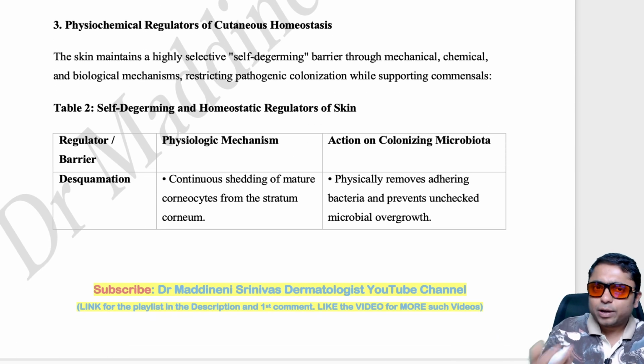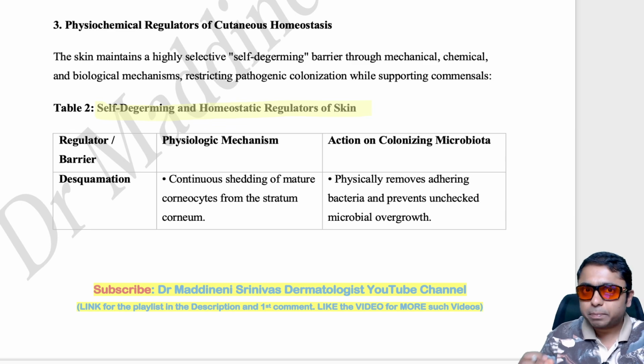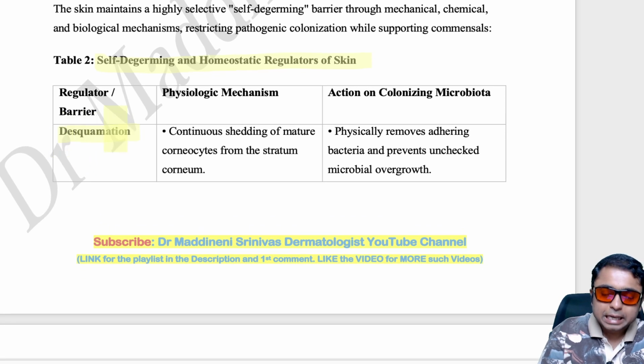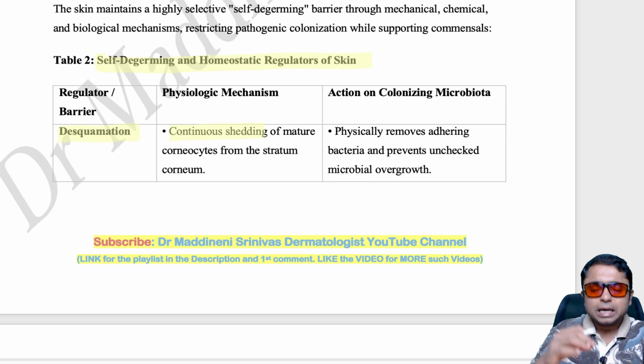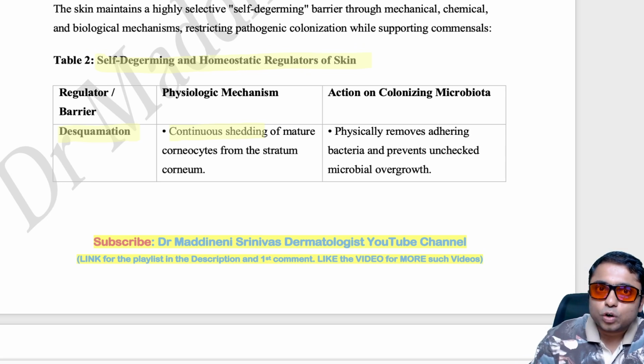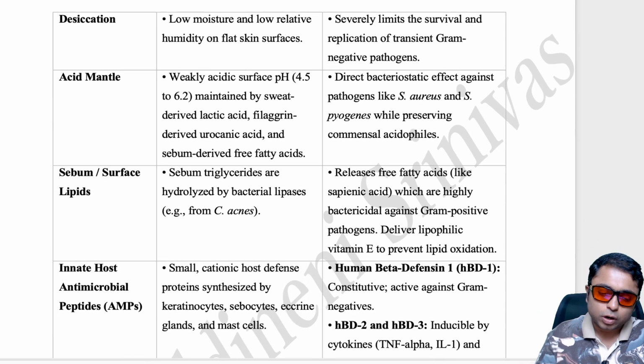So what are the self-degerming and homeostatic regulators which are present in the skin? For example, desquamation is one of the very characteristic and very normal phenomena, which is continuous shedding of the corneocytes, because of which the organisms attached onto the surface of the stratum corneum will be shed off, and there will be self-degerming of the organisms.